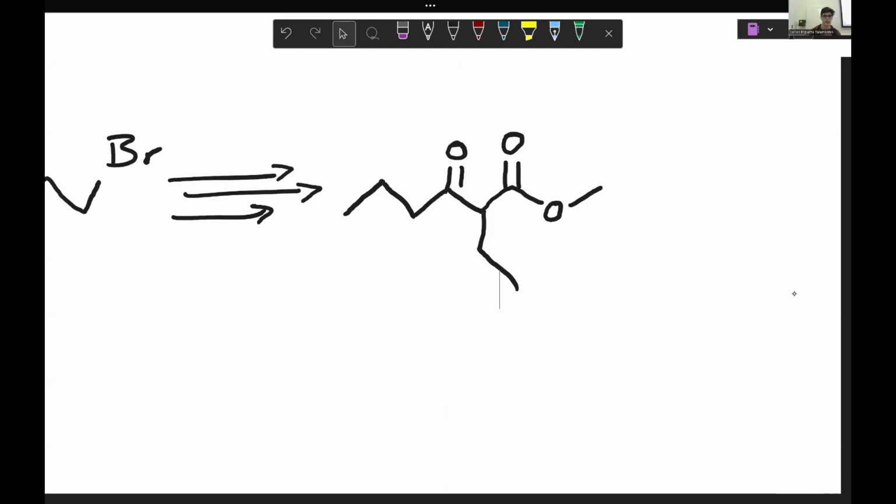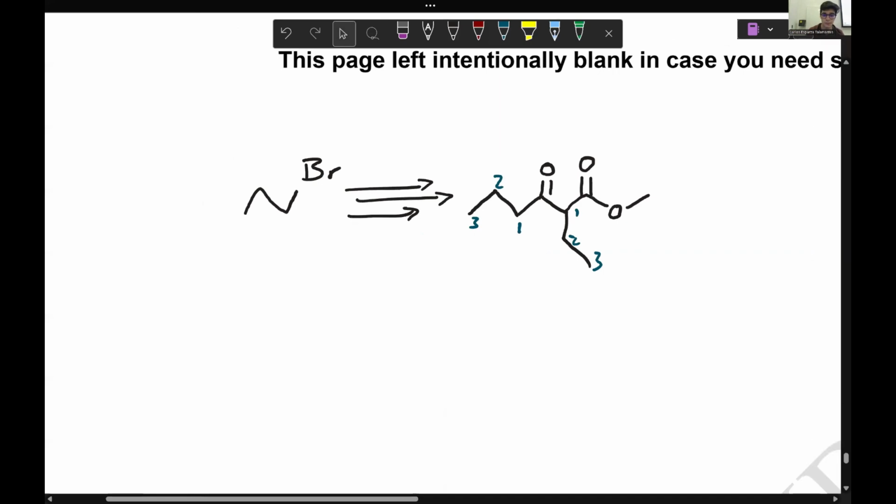So this is the product of a simple Claisen, which is just a molecule reacting with itself. If we number the carbons of the R group, on the left side we have one, two, three, and on the right side we have one, two, three. It's the same, just a propyl group. So this is the product of a Claisen.